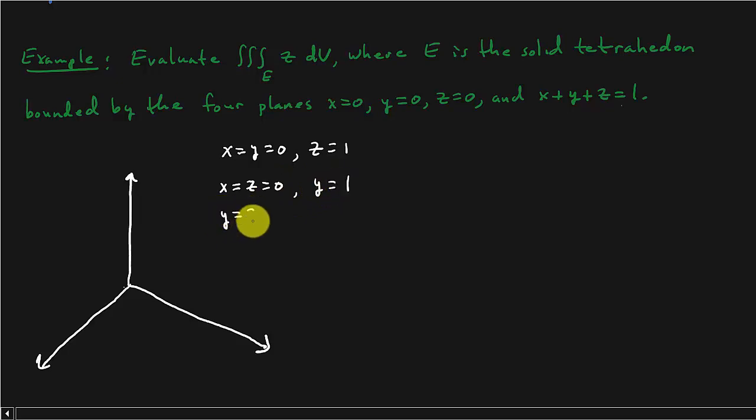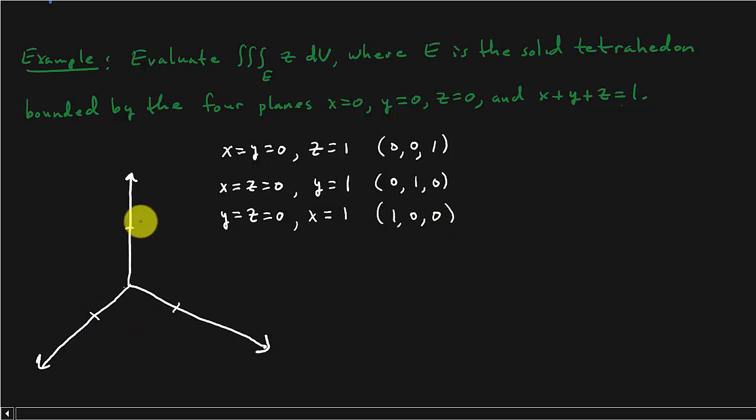And if the y and the z equal 0, then that means x is 1. So this gives me the point 0, 0, 1. This gives me the point 0, 1, 0. And this gives me the point 1, 0, 0. And so let's go ahead and mark that off right here. All right. And this is x, this is y, and this is z.